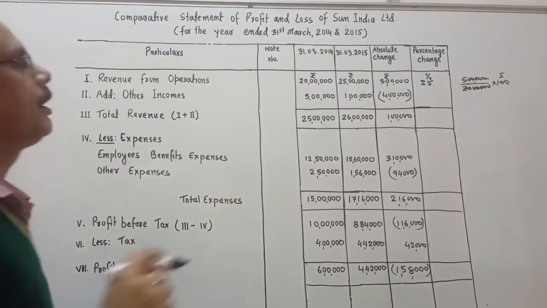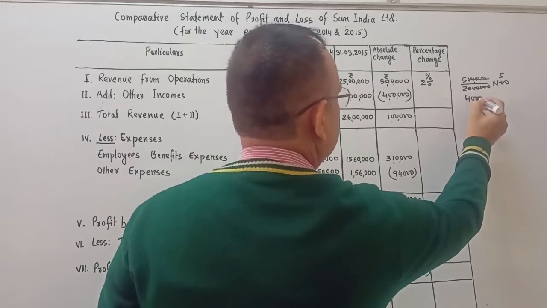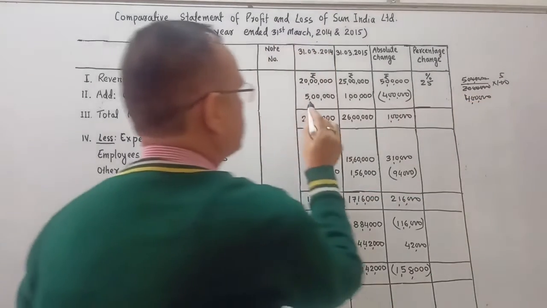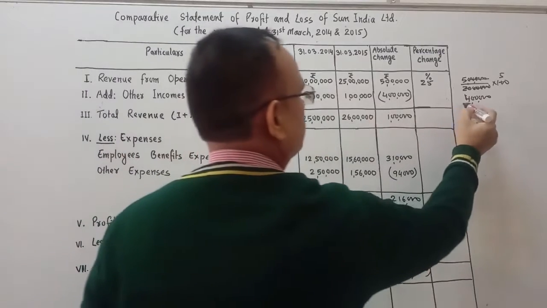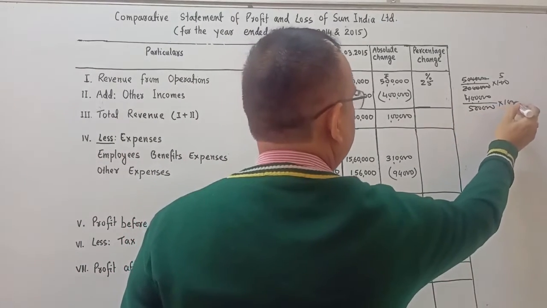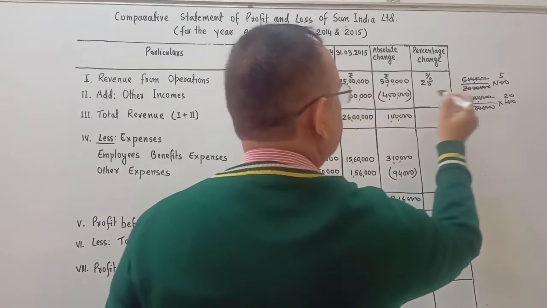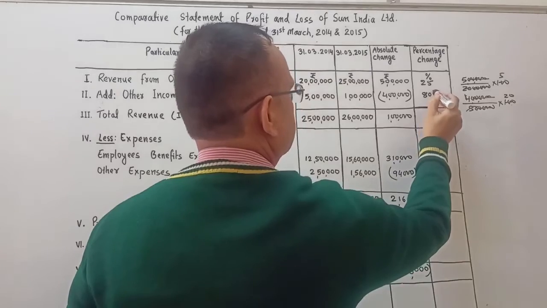Now here the absolute change is 4 lakhs and the previous year figure is 5 lakhs. 4 lakhs upon 5 lakhs into 100, so it is 80%, but it is minus.